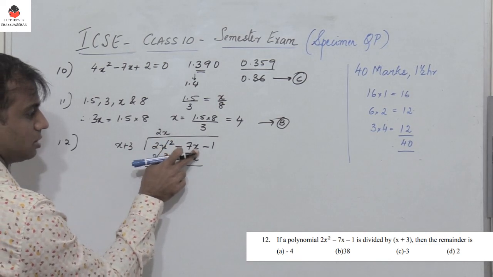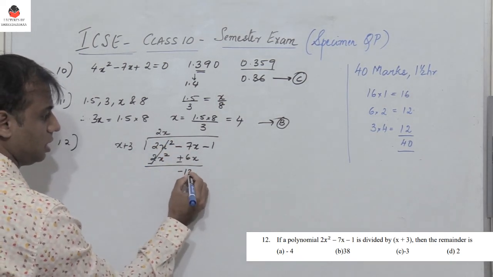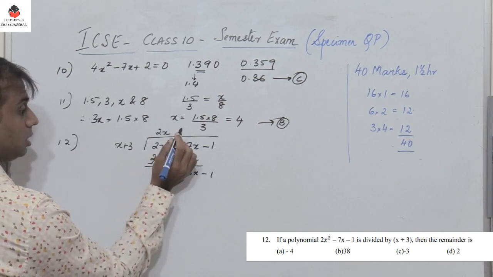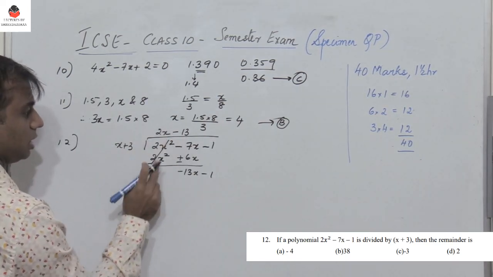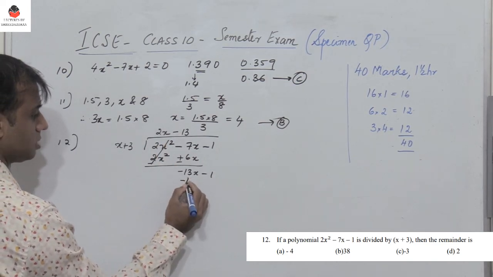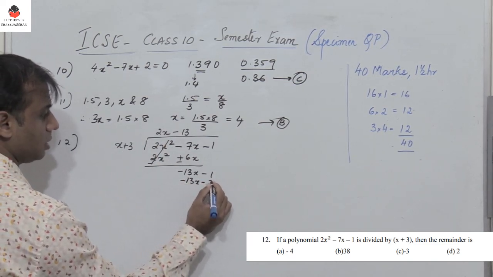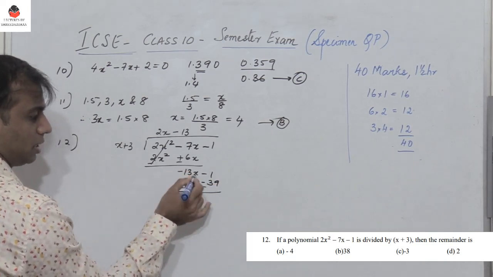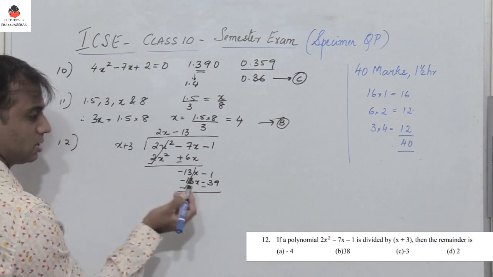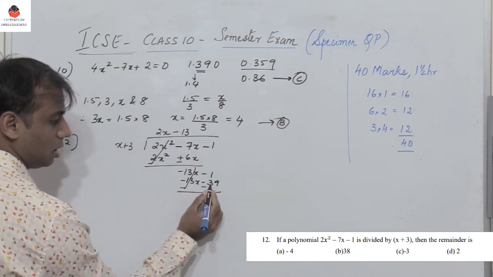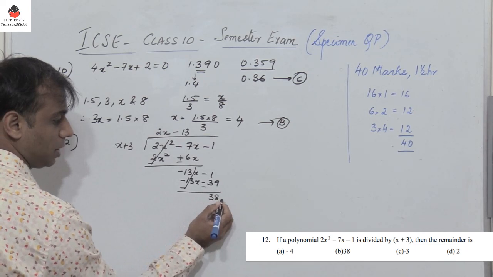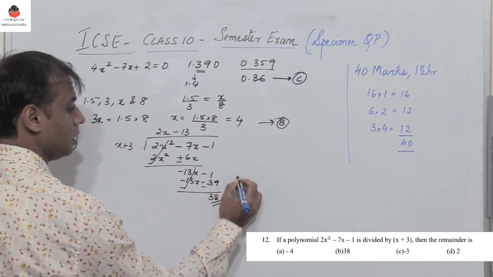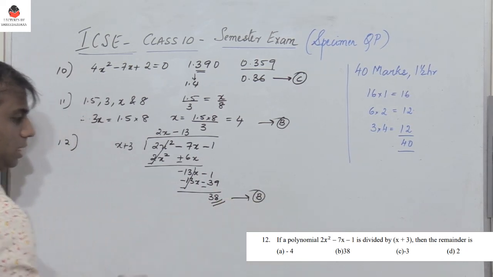So here you have minus 7x minus 6x is minus 13x minus 1. I have to cancel minus 13x. So therefore, x plus 3 into minus 13 will give you minus 13x minus 39. Subtract. So minus 13x plus 13x gets cancelled. Minus 1 plus 39 gives us plus 38. So therefore, the remainder is 38 and the option is B.